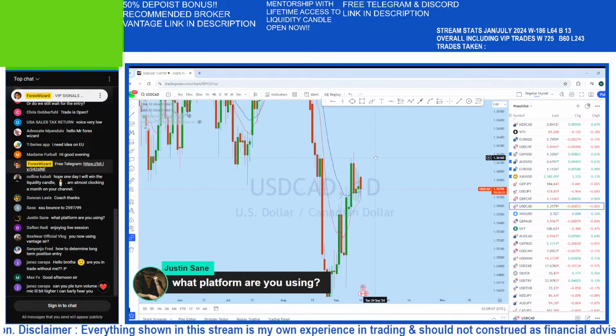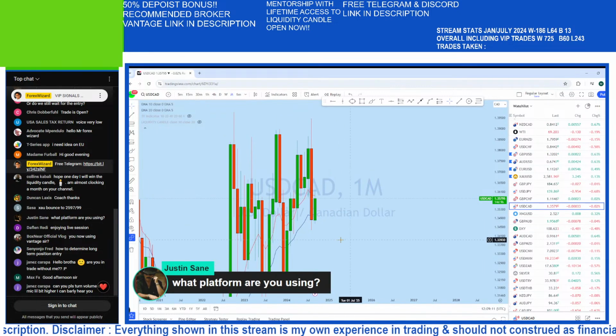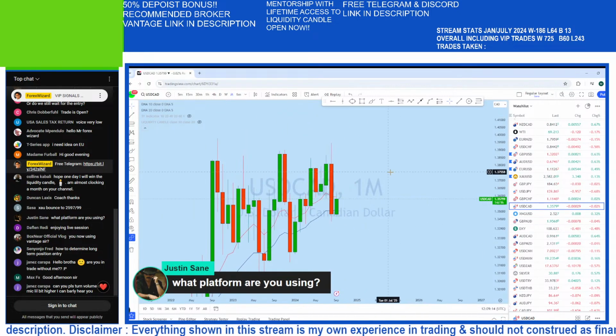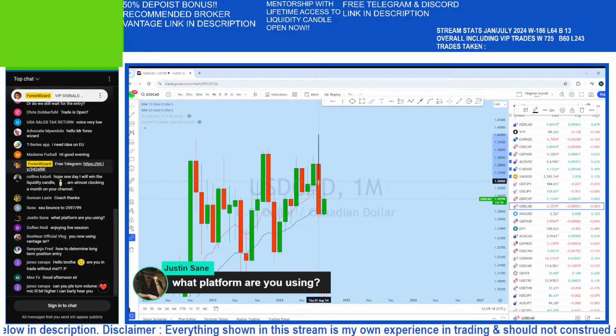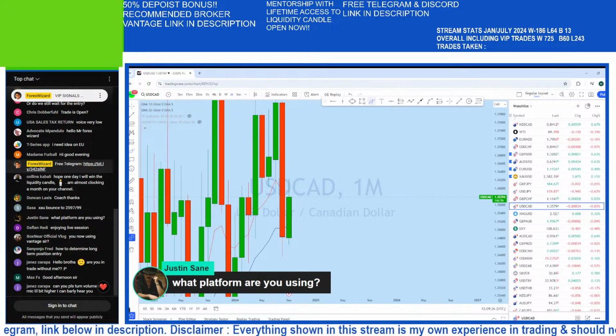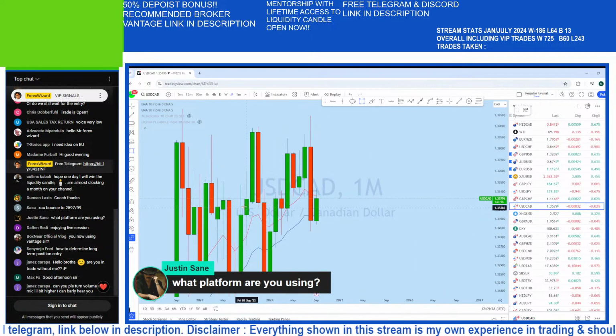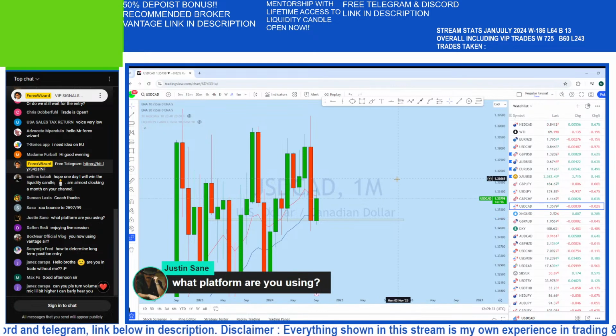So looking at the monthly chart on dollar CAD, there was a monthly rejection here, a very strong bearish engulfer on the monthly, followed by this month. So we can see that the price had an unusual rejection from this support.